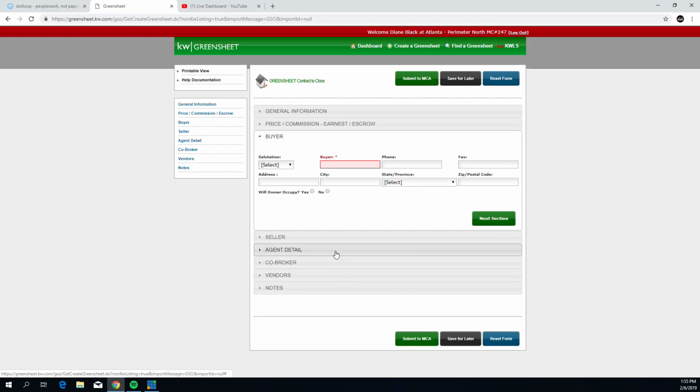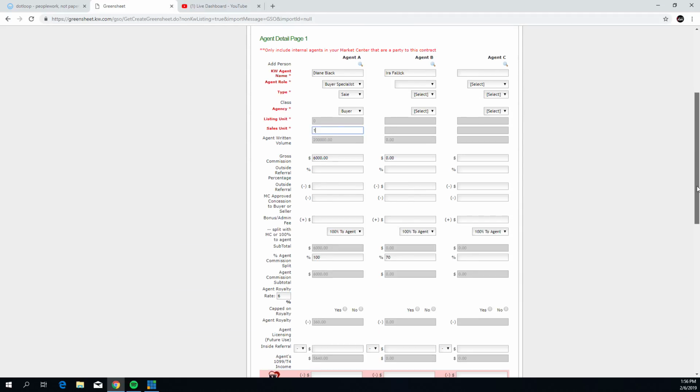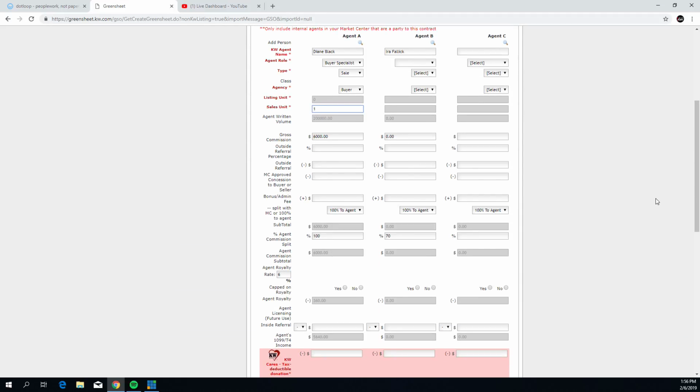So if I come down here to the agent detail, look what happens. Right here. See how it filled it in? So it's 3% of 200,000. Just like Brent said in teaming, we could almost multiply by 3.